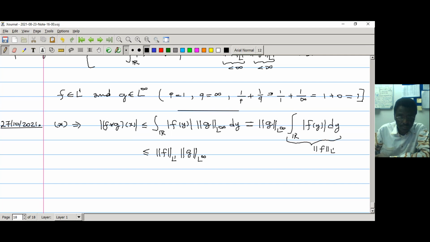So since this is true for any x, or if you want to say for x in R, that is, if this inequality is true except for x in a negligible set, that is, except for x in a set whose measure is 0. Right, that's the essential. So from here, we can just say that this implies we then take the essential supremum.